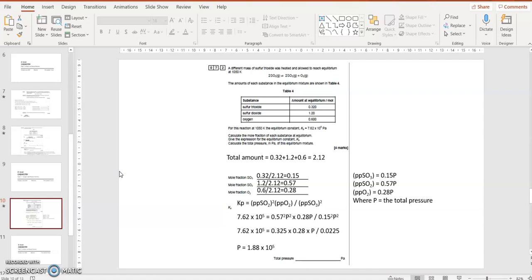This time, they've given me the Kp, 7.62 times 10 to the power of 5, and I've got to put the partial pressures in now in terms of P. Partial pressure of SO2 is 0.57 P, and it's squared, so that's 0.57 squared, P squared. 0.28 P is the partial pressure of the O2, divided by 0.15 P squared for the SO3 squared.